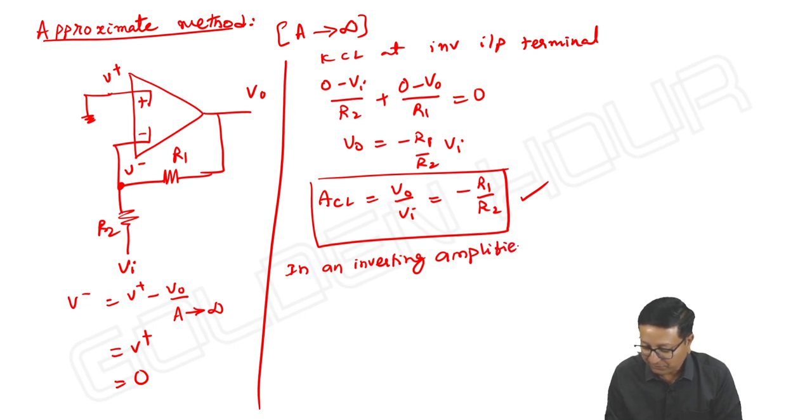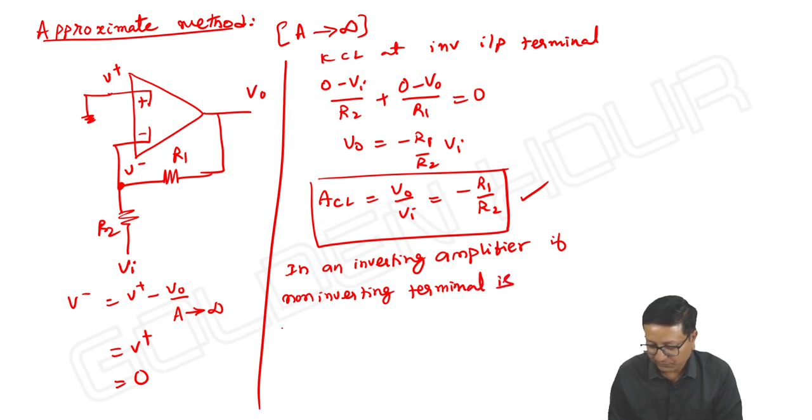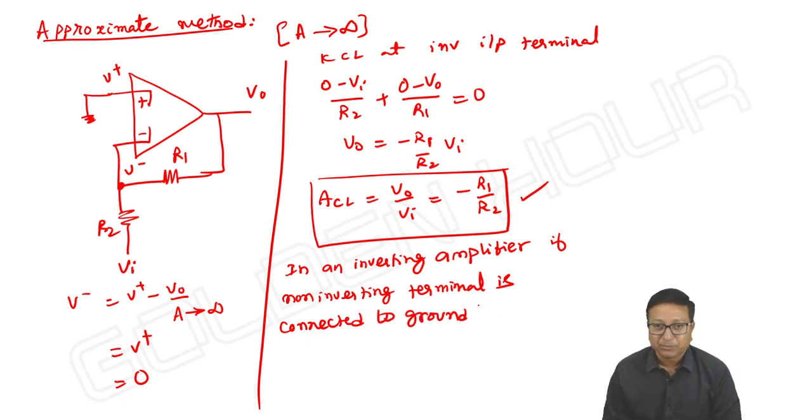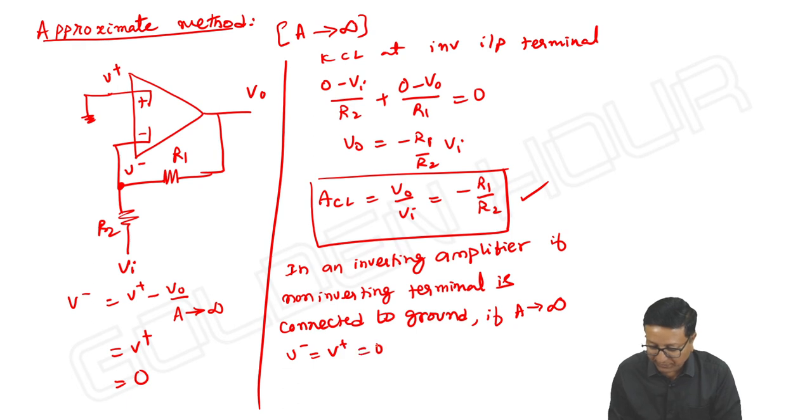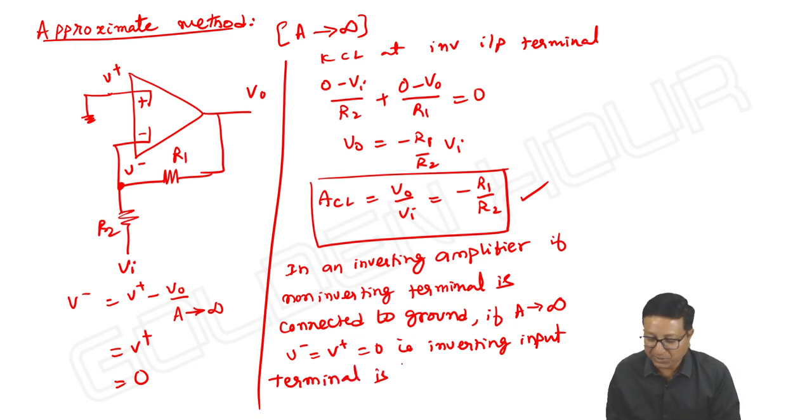In an inverting amplifier, if the non-inverting terminal is connected to ground, and if A is approaching infinity, then V minus is equal to V plus is equal to 0, meaning the inverting input terminal is virtually at ground potential.